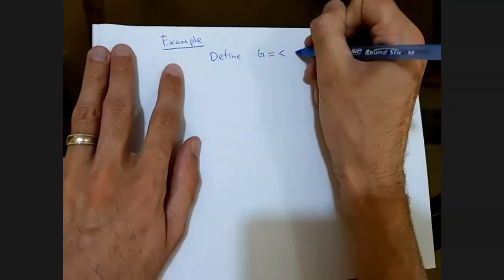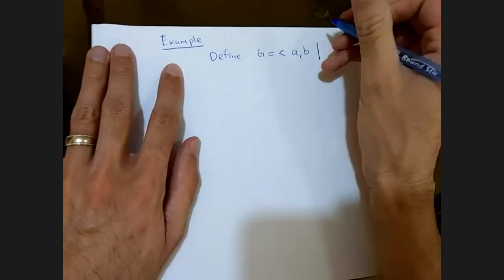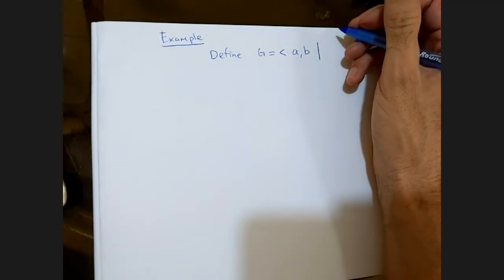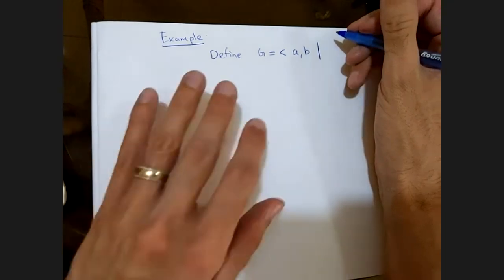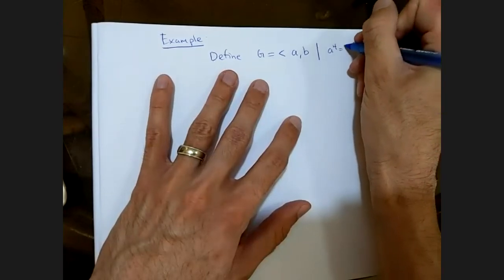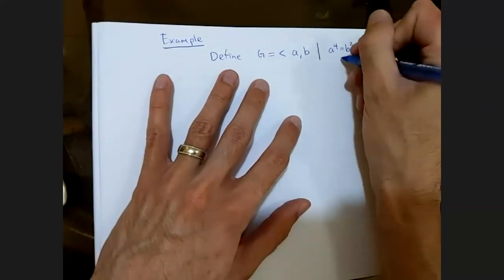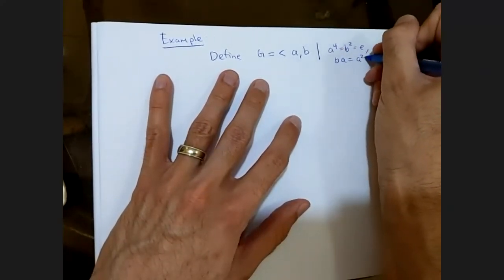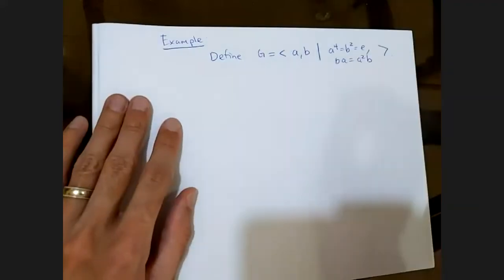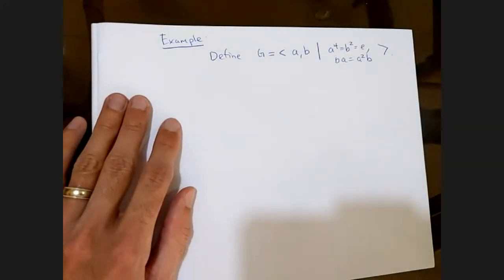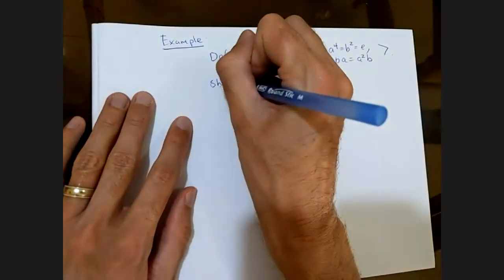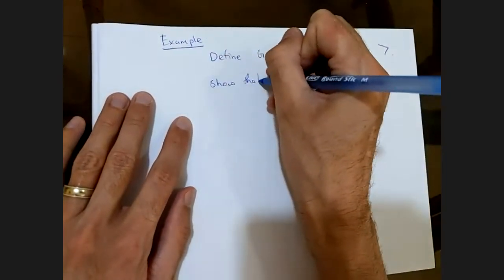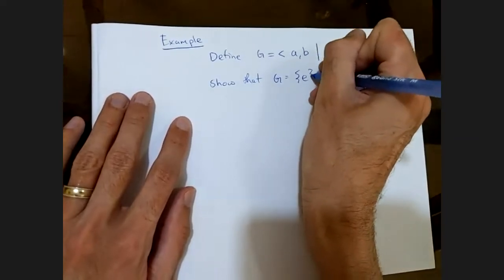Define G to be generated by A and B. I'll say A to the 4th is B squared is the identity, and BA equals A squared B. And let us show that G is actually just trivial.